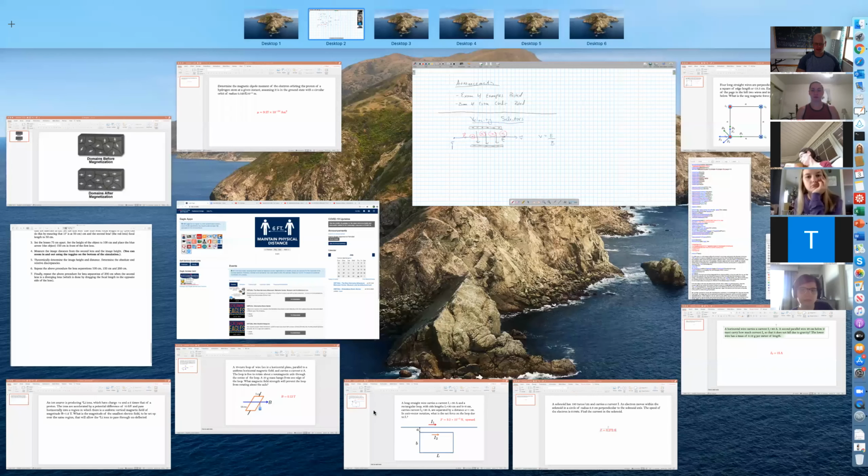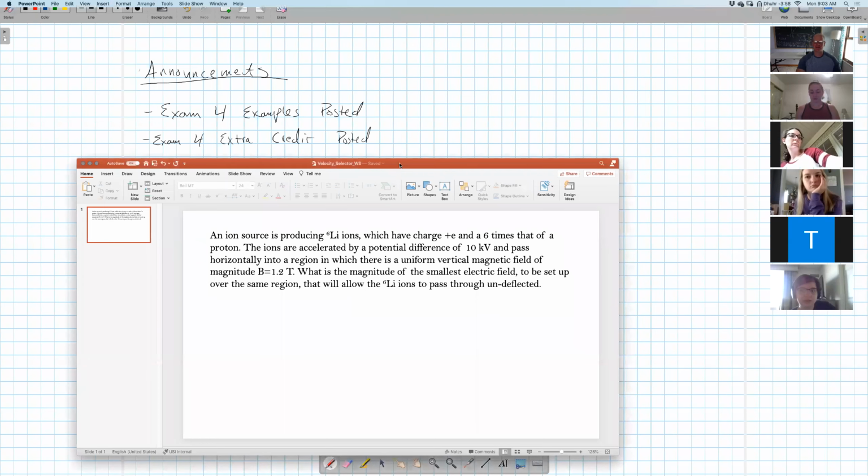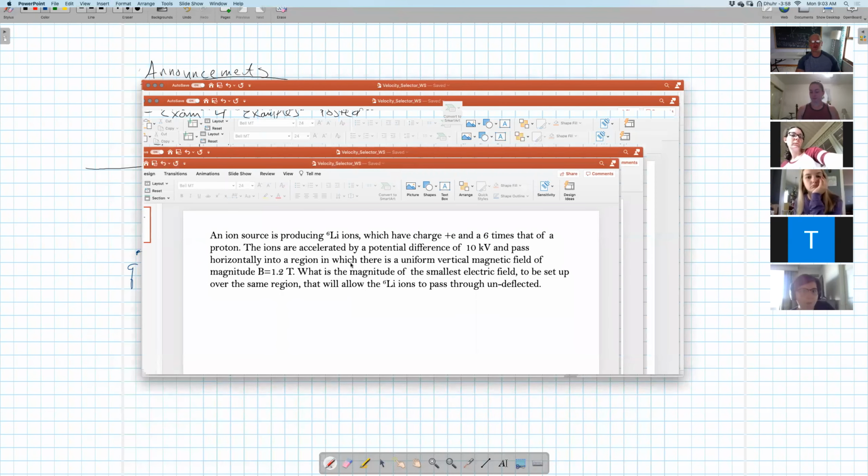The reason I'm talking about that is because we're going to start off with a group assignment, which has to do with velocity selectors. This is also up on Blackboard, I put this up this morning. It says that we have an ion source that produces lithium-6 ions, which have a charge of positive e and a mass which is 6 times that of the proton.